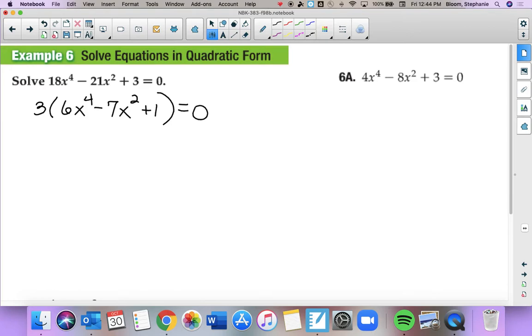And then just so I don't have to mess with that coefficient of 3, how can I move that 3 to the other side? Divide. Yep, so I'm going to divide by 3 on both sides. And the nice part is, what happens to that 3 on the right side? Just becomes a 0. It's gone.